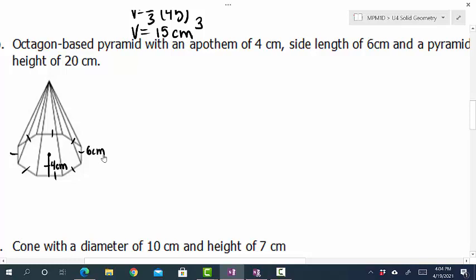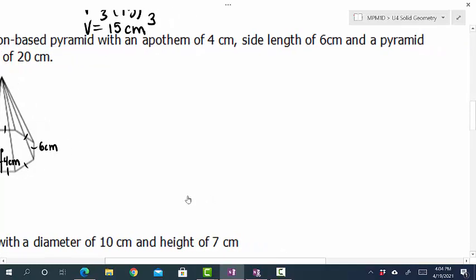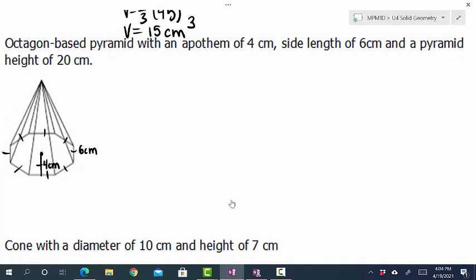Finally, it has a height of 20 centimeters. So the volume of this pyramid is going to be 1/3 the volume of an octagonal base prism, which is area of the base times height.